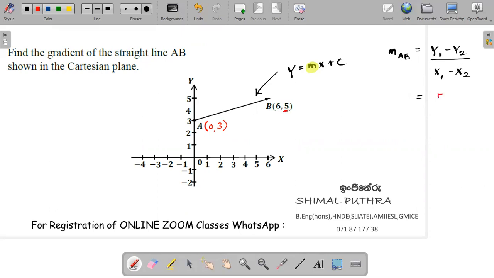This is just 5 minus 3 over 6 minus 0. 5 minus 3 is just 2. 6 minus 0 is just 6. So the final answer is 1 over 3. We found the gradient, which is equal to 1 over 3.